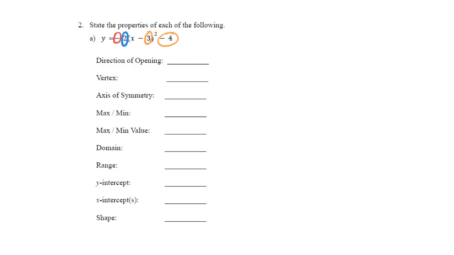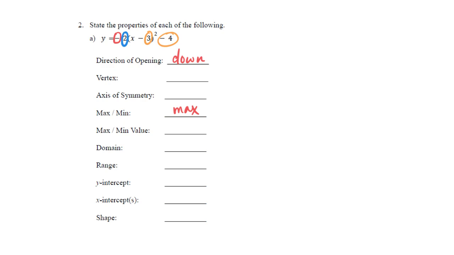Everything I know on the red, well, that negative A value tells me that my direction of opening is down. My parabola is decreasing to the right. It doesn't tell me anything about a vertex or an axis of symmetry, but since it's opening down, it does tell me that I have a max. I don't know what the maximum value is from the red. I don't know the domain from the red, but I do know something about the range.